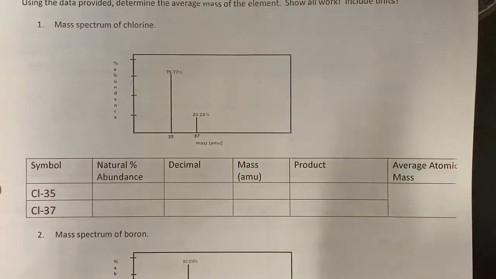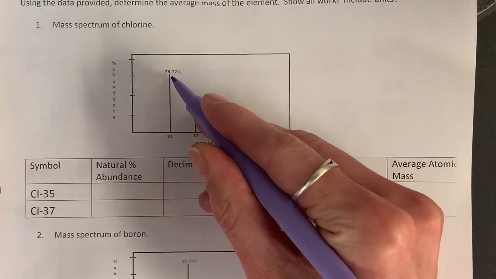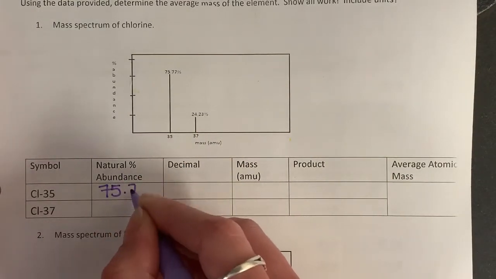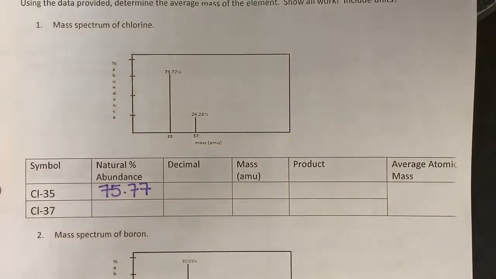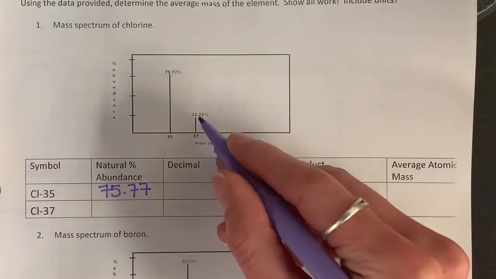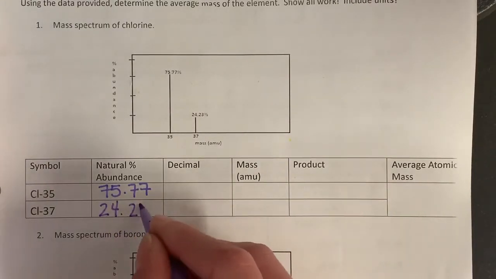If I look at my spectrum, chlorine 35 has a percent abundance of 75.77. Chlorine 37 has a percent abundance of 24.23.